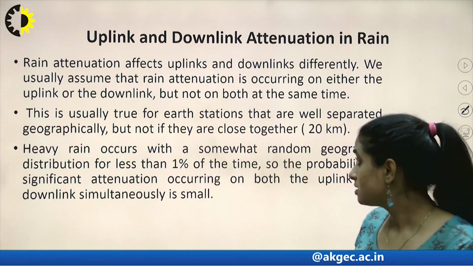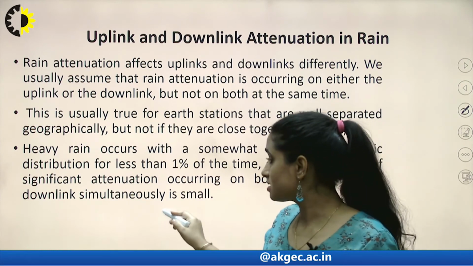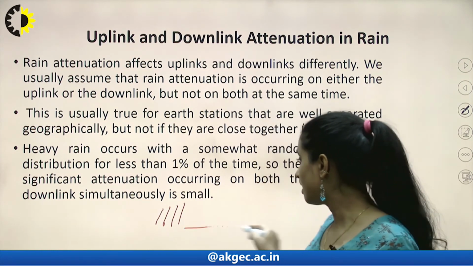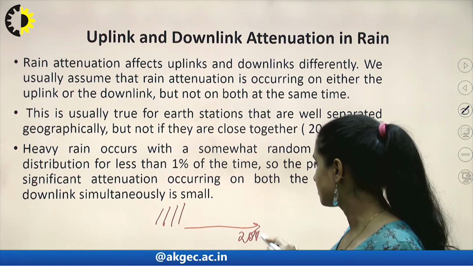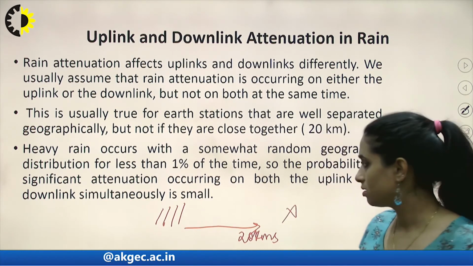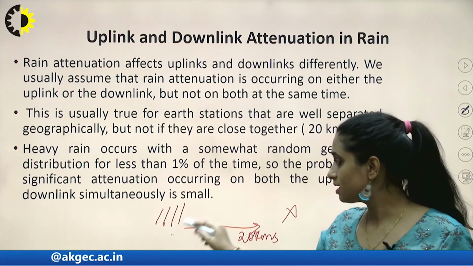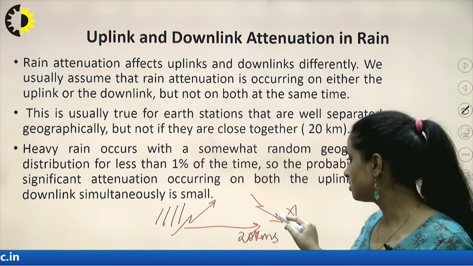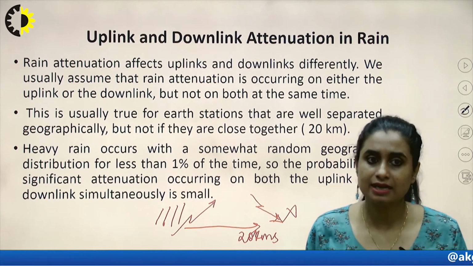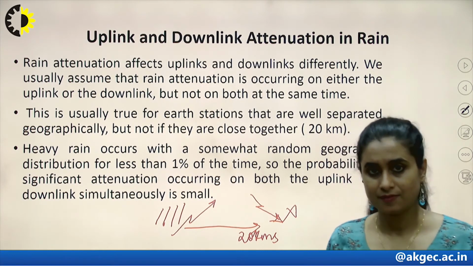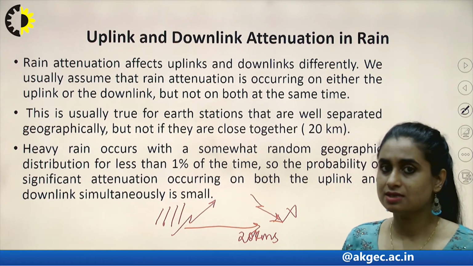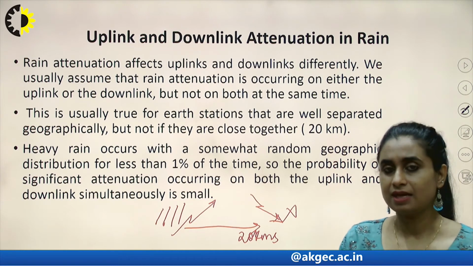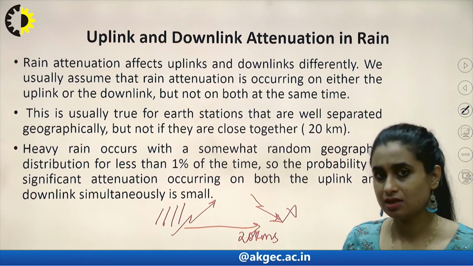Why? Geographically it is observed that if there is a rainfall in some area, beyond 20 kilometers there is no rainfall. So if I am considering the effect of rain in uplink, I have to consider the case of clear air in case of downlink, right? I cannot consider the rain fade in uplink as well as downlink. I have to consider it in one case.